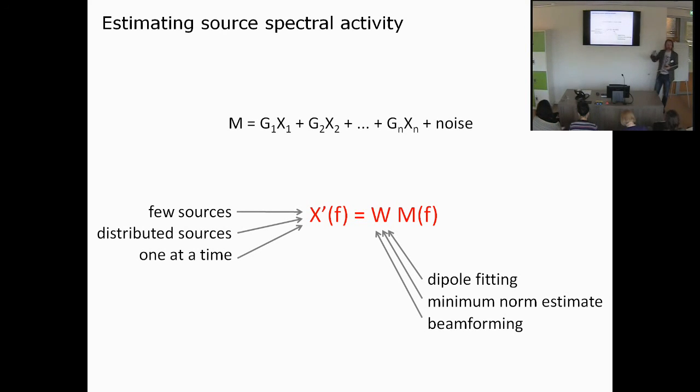And that oscillation can be measured at multiple instances in time or in multiple trials. So if we consider the measurement to be a function of frequency, then you can also imagine the source estimate to be a function of frequency. And again, here we can use the same methods, dipole fitting, minimum norm estimate, and beamforming, both in the time and in the frequency domain, because it's just a linear mixing and a linear unmixing problem.